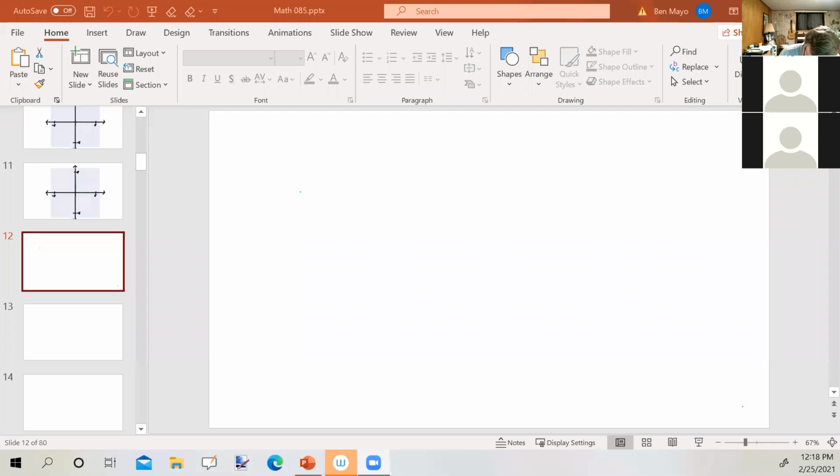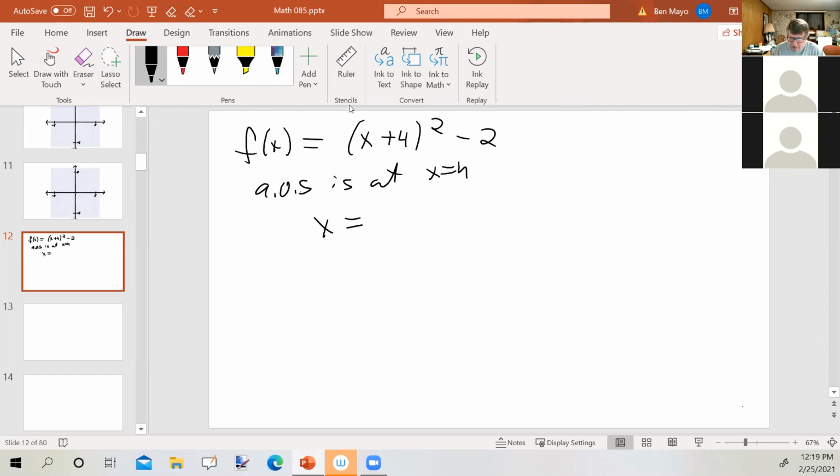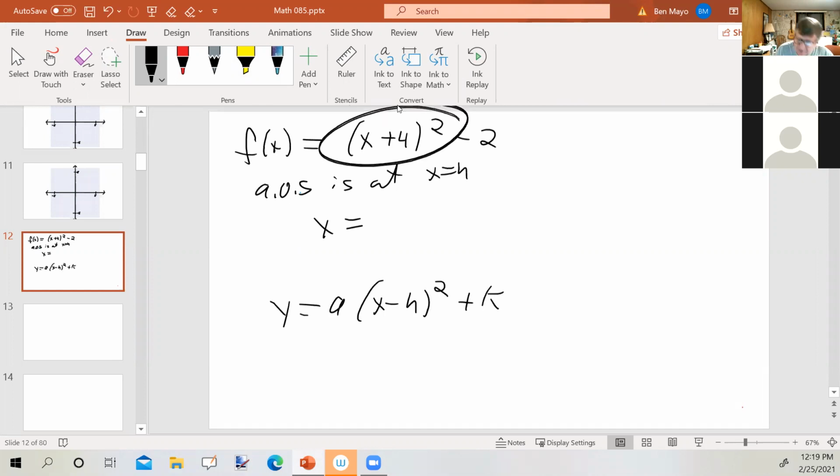Let's look at another example. Let's say you had f of x equals (x plus 4) squared minus 2. So the axis of symmetry is at x equals h. Now be careful. Remember, the form is y equals a times (x minus h) squared plus k. So what is h in this example?